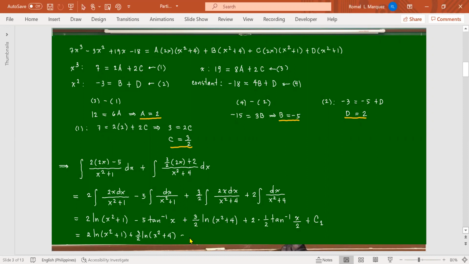Then minus 5 arctangent of x, then plus arctangent of x over 2, plus a constant of integration, let's say c sub 1. Okay, so that's it.